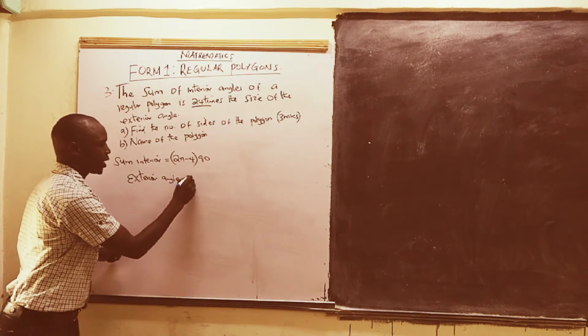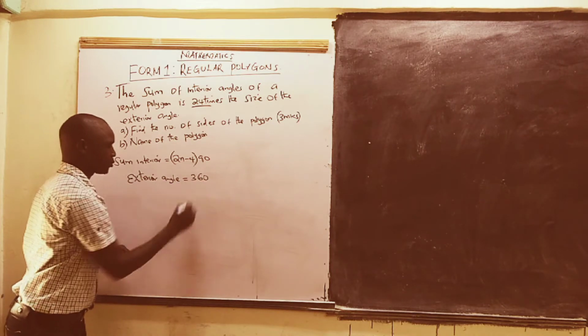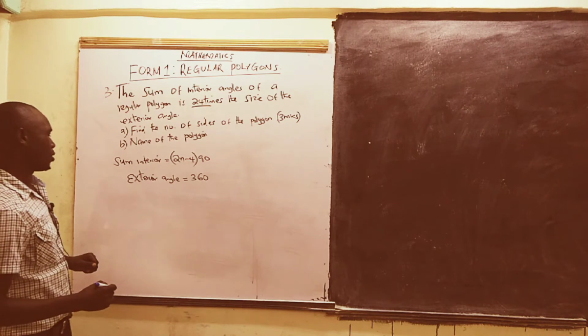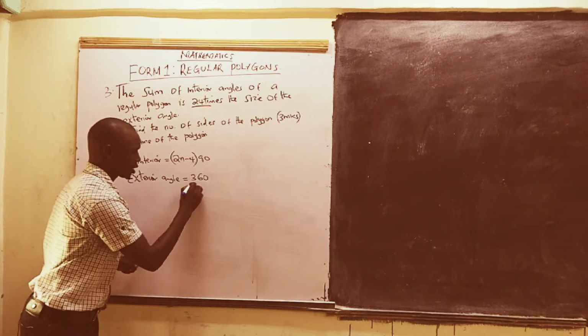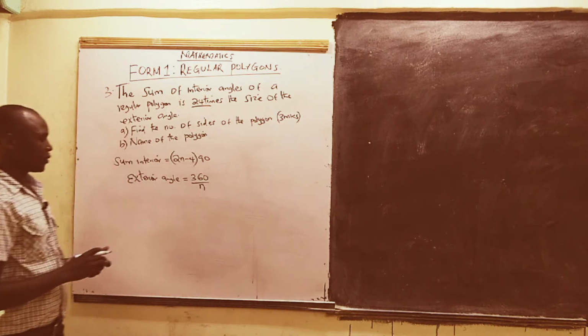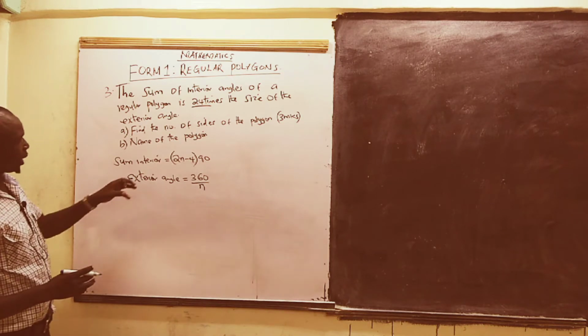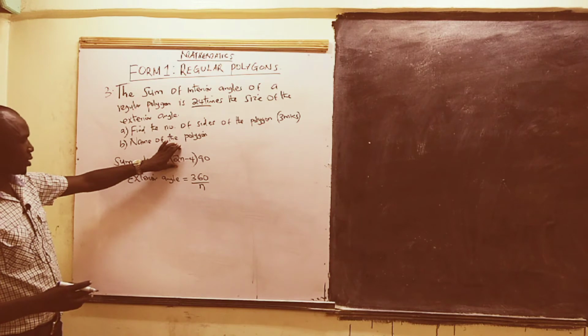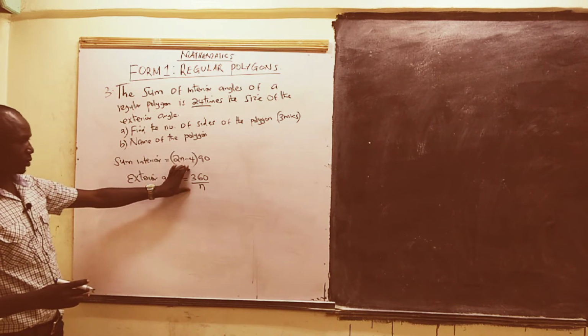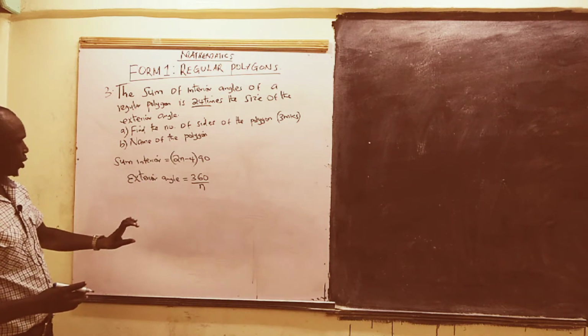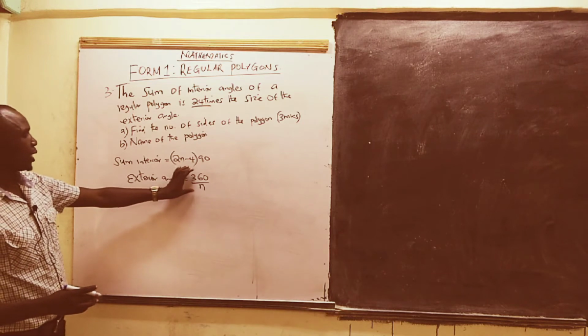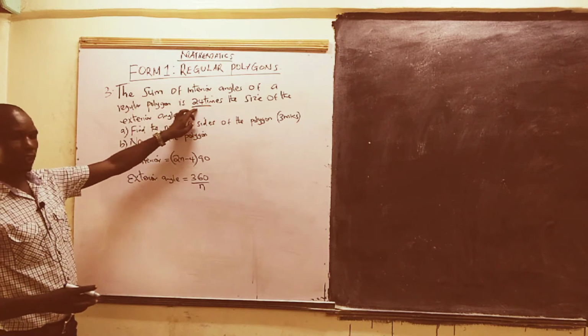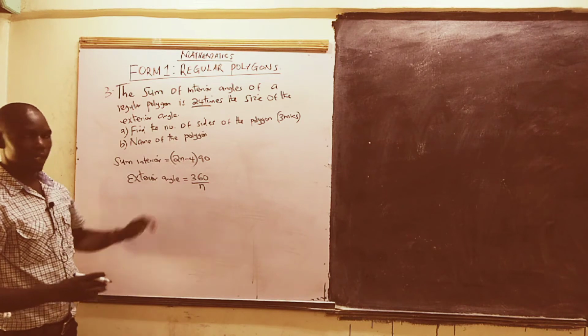angle is given by 360, because the sum total of exterior angles is 360. You divide by the number of sides. Well, we are told that the sum is 24 times the exterior angle. So what we are going to do, we are going to multiply each exterior angle by 24 times so that the two are equal.